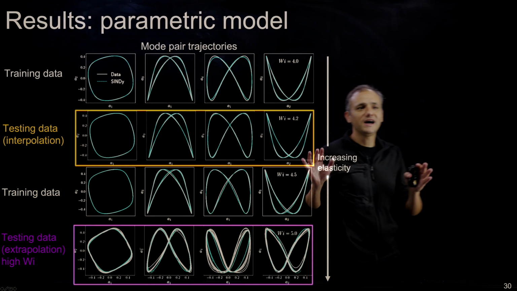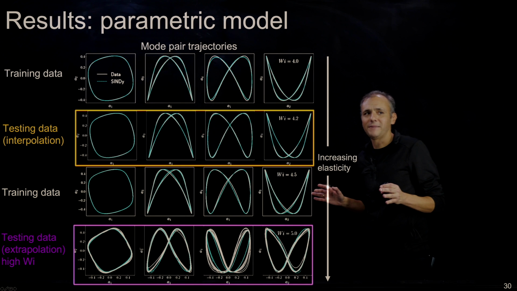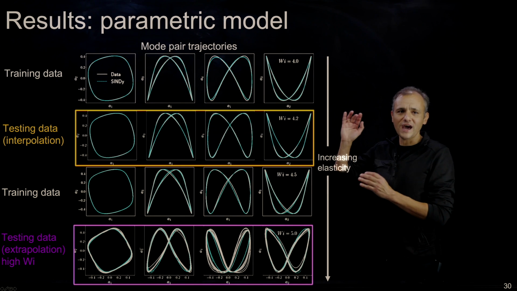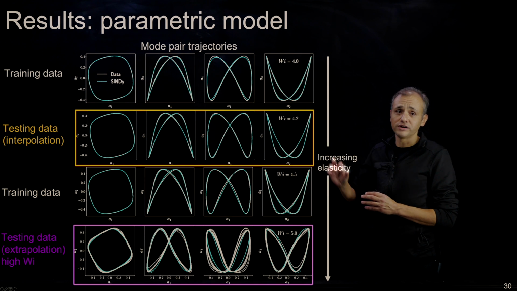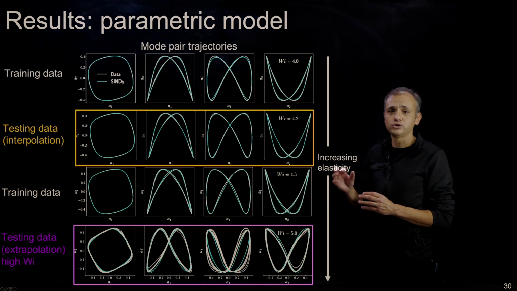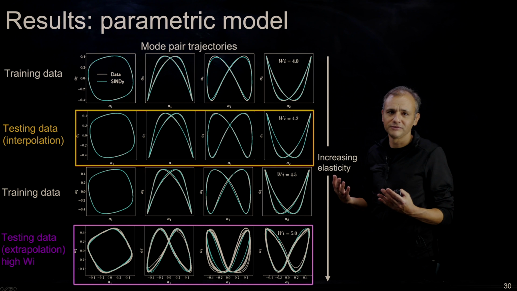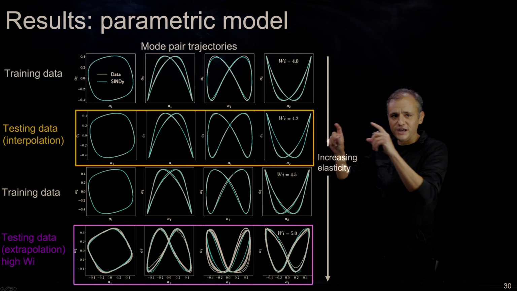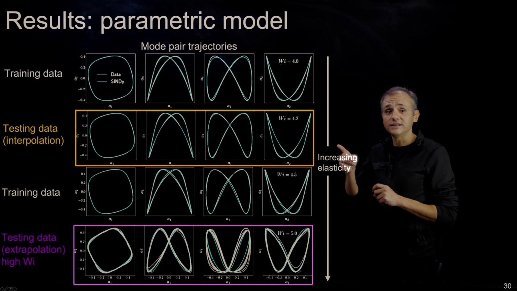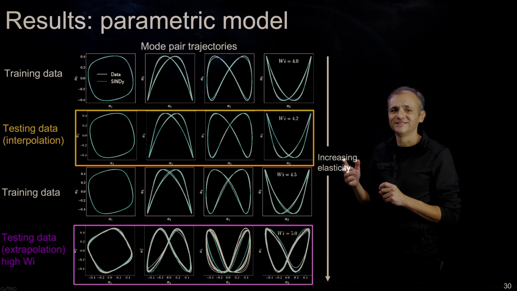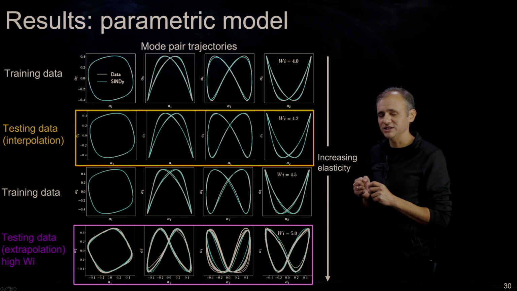Finally, we analyze our results for a parametric model. Okay, we have two values for training data, where these values of the Weissenberg number are related to an oscillatory regime. If you look at the interpolation, highlighted in yellow in this slide, you can see that you can capture results using the interpolation data.